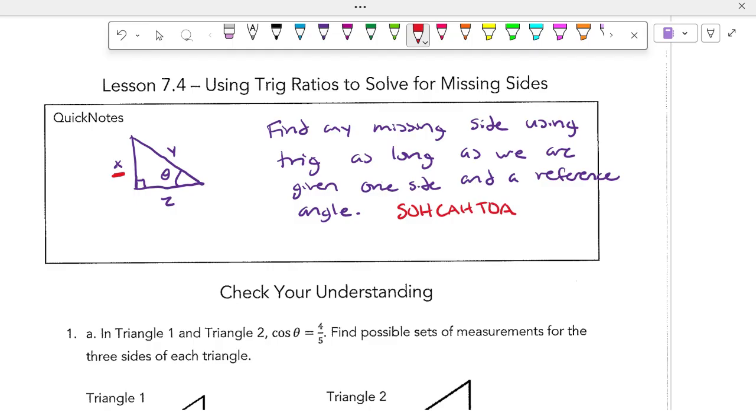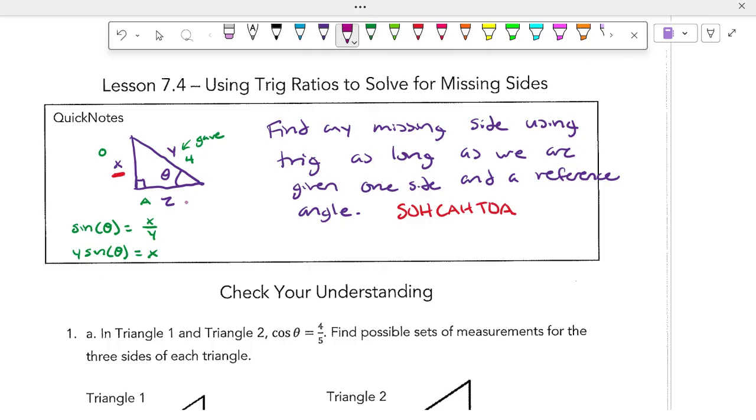So, let's say that they only gave me y. So, this is what they gave me. So, x is my opposite, y is my hypotenuse and z is my adjacent. That means I could find sine of theta is equal to x over y, which means y sine of theta is equal to x.